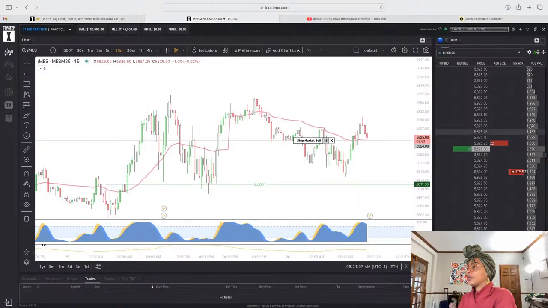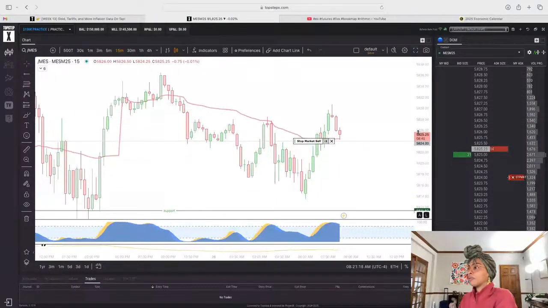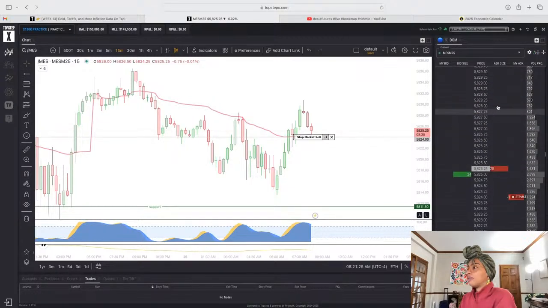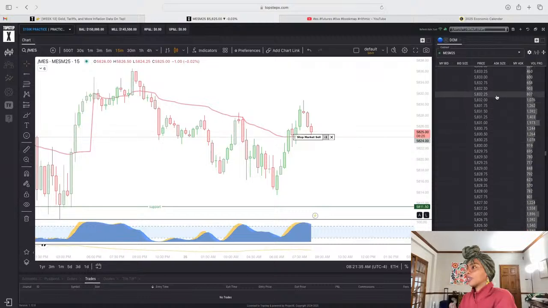market data. So your volume, how many orders are coming in at certain price levels. For instance, right here, this high is 58.30. We can go right over here to our DOM, our depth of the market tool, and see that up here at this 58.30 price point, there were a lot of orders.